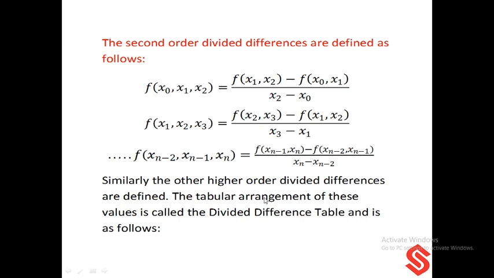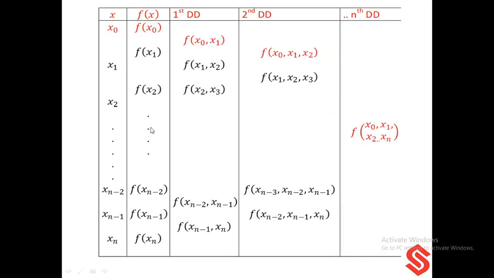Similarly, the other higher order divided differences are obtained, and they are tabulated. Such a table is called a divided difference table. So this is the divided difference table.